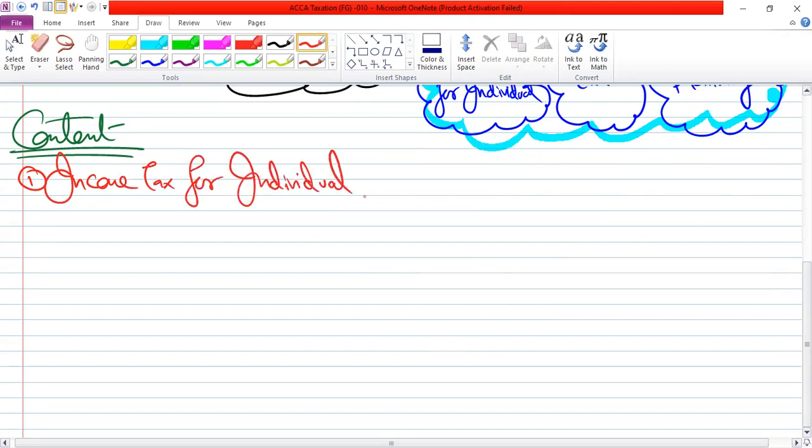Here we are going to cover an individual person. An individual can be an employee. An employee is earning salary. Government is saying, Habibi, yalla yalla, give me money. You are earning now, you are making money from salary. Give me the tax. This is income tax for an individual.